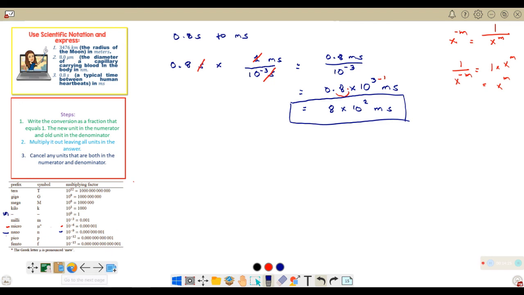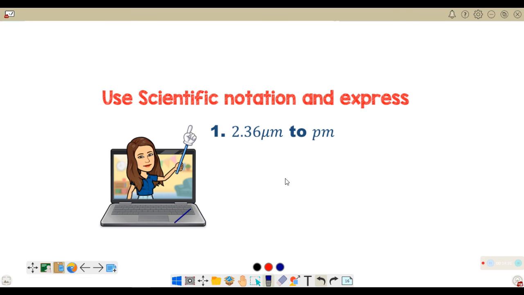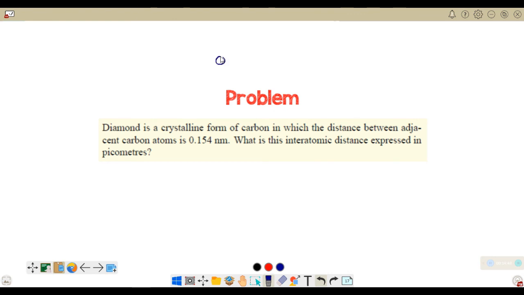So for your recitation, ito lang yan. Use scientific notation and express 2.36 micrometer to picometers. And for your quiz, yan, may problem tayo. Diamond is a crystalline form of carbon in which the distance between adjacent carbon atoms is 0.154 nanometers.